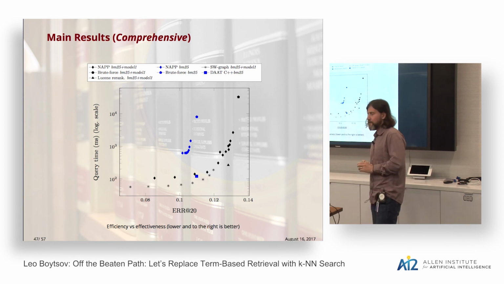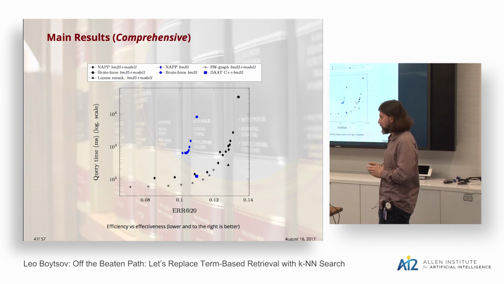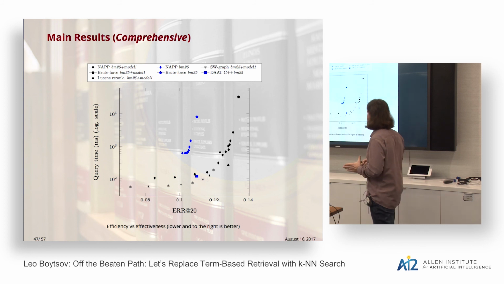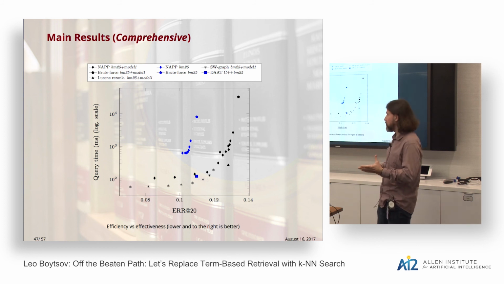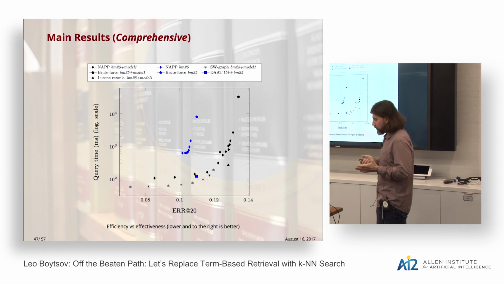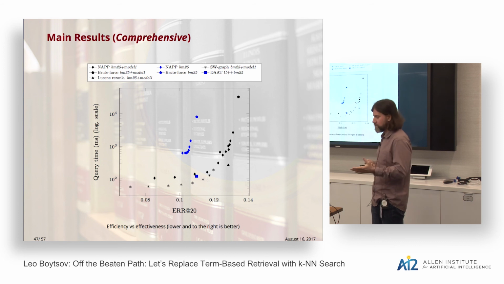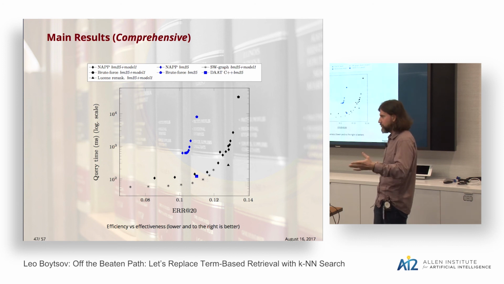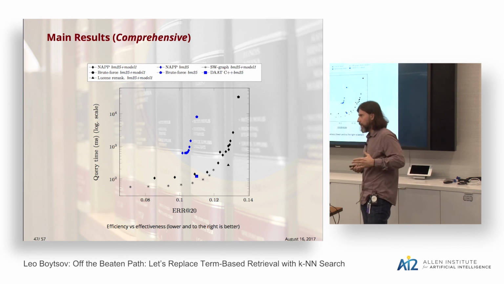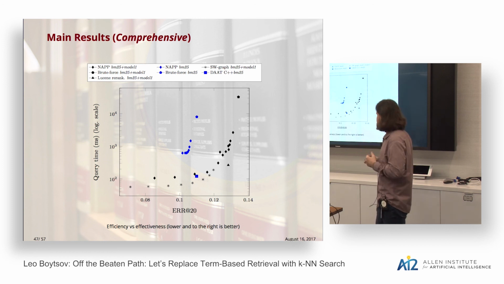Okay, I use different colors to denote different similarities. Blue is for BM25. Black is for BM25 plus Model 1. I have multiple KNN search runs associated with the same method, and the reason is that I vary the methods' parameters to obtain different efficiency-effectiveness trade-offs.